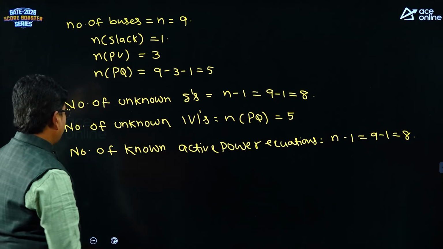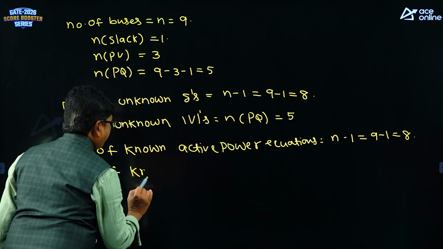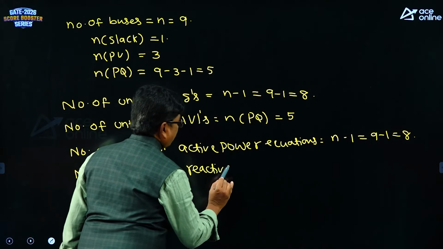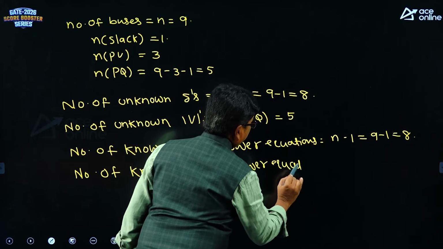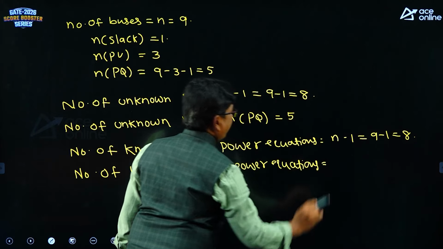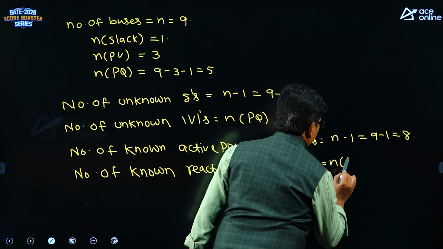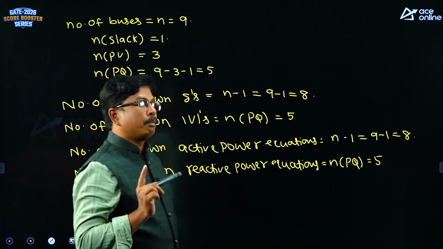Next one. Number of known reactive power equations. Where is reactive power known? Only at PQ buses, so that will be the number of PQ buses, which is 5. There will be 5 reactive power mismatches.